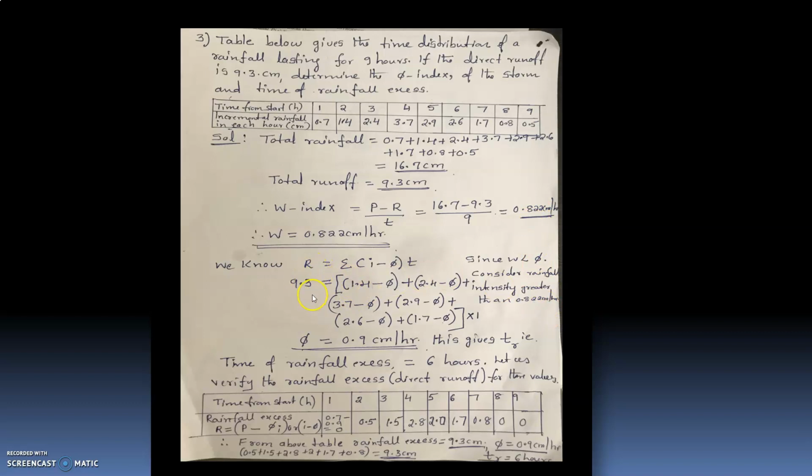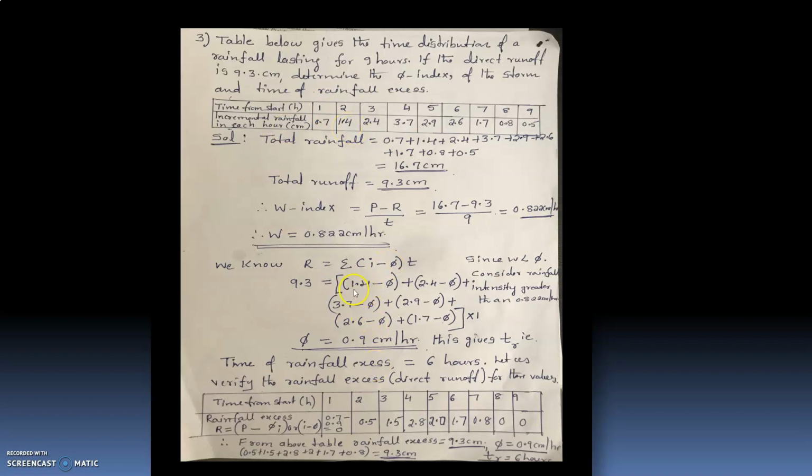R is given 9.3 is equal to I. We cannot consider the first I value of rainfall intensity because this is less than 0.822, less than W index value. So don't consider that. So the next value is 1.4.